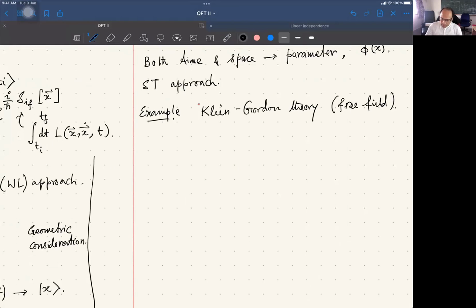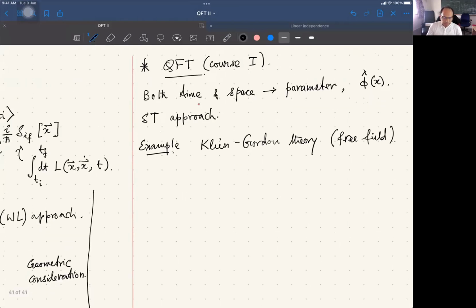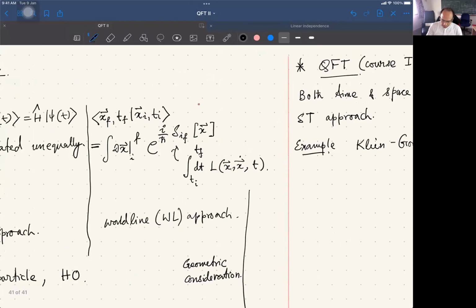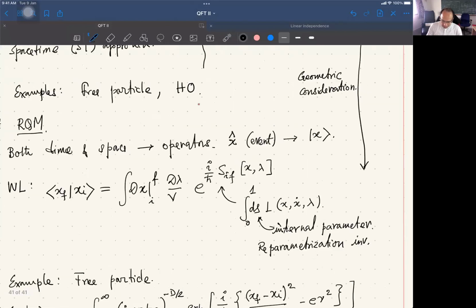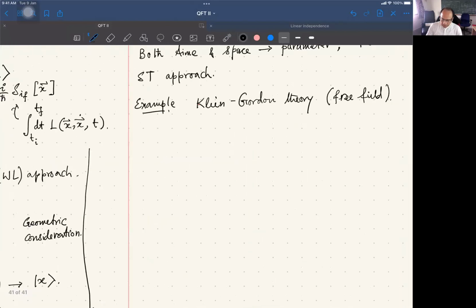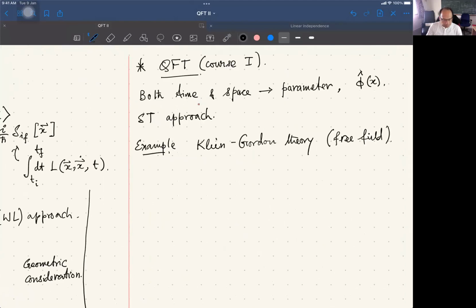Now, I will be talking about certain relations among these approaches. So these are the three approaches that we have considered in describing quantum mechanics. Some of them non-relativistic, some of them relativistic, and some of them space-time, some of them world-line, and some of them path integral, and some of them are standard Schrödinger theory.